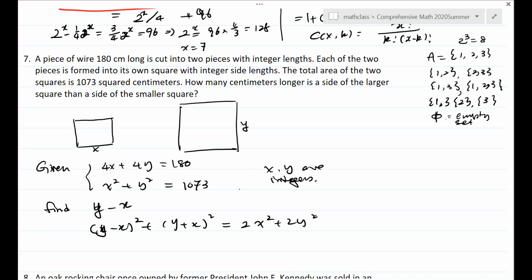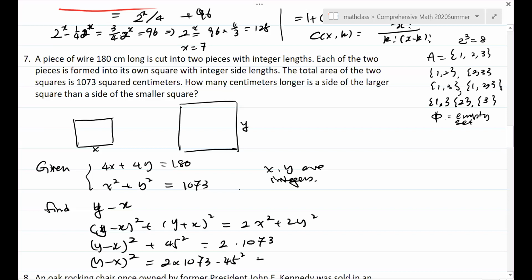Okay, and then (y minus x) squared here. y plus x is 180 divided by 4, which is 45. And here is twice 1,073. Then (y minus x) squared equals 2 times this minus 45 squared, and that simply is 121.